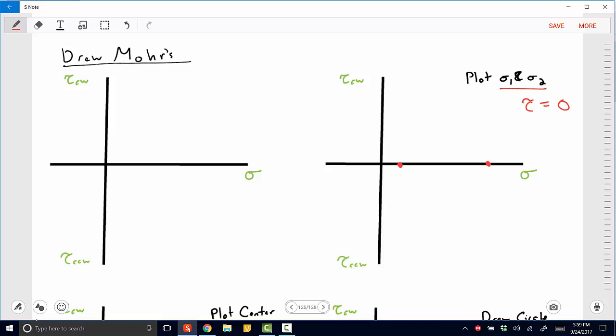So I draw my coordinate system, normal, shear, where to the right is positive and downward is positive, right? I apply my equations for principal stress, and I find my principal stress 1, and I find my principal stress 2, the locations of those 2 points of interest.